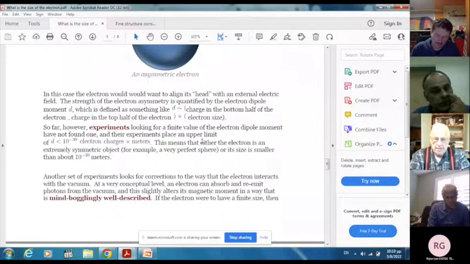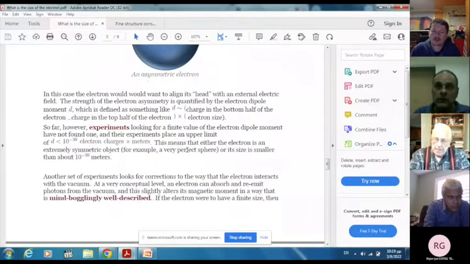The other method is the measurement of the anomalous magnetic moment of the electron. I'm sure you have heard the exciting news last year about a discrepancy between the theoretical model and the actual measurements, of 4 sigma, 4.2 sigma I think it was.